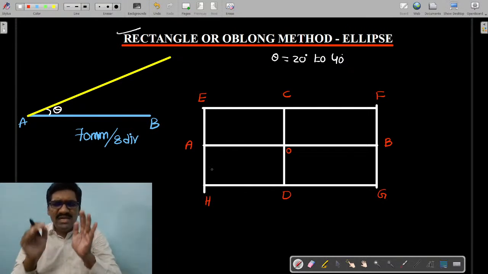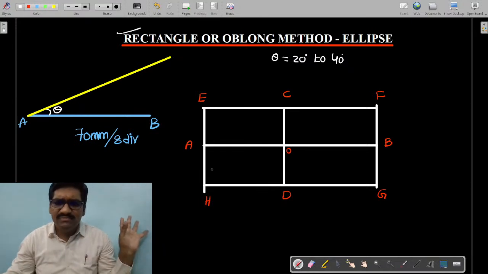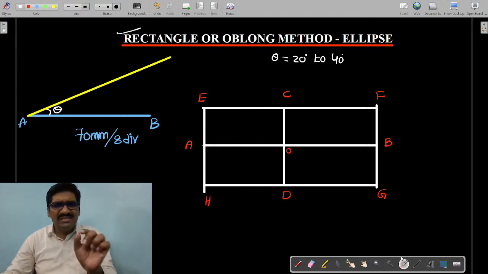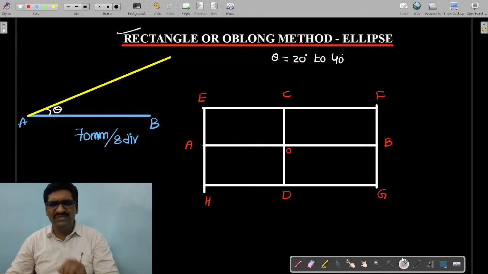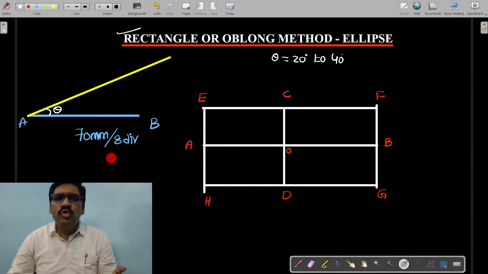You go for only one single angle throughout the entire exam. Shall I say one point, all of you? In the previous question papers, he was asking a short answer question: divide a straight line of length 70 mm into 8 divisions. This is given for 3 marks or 4 marks.